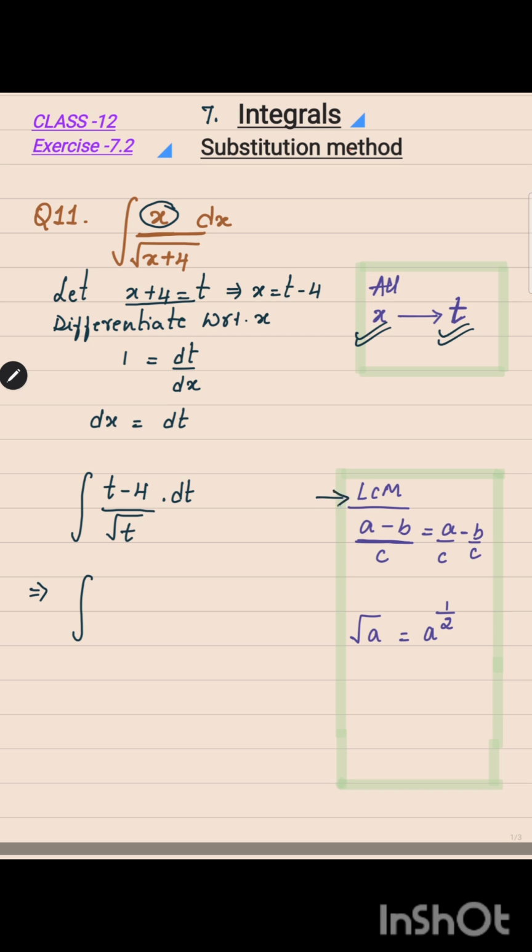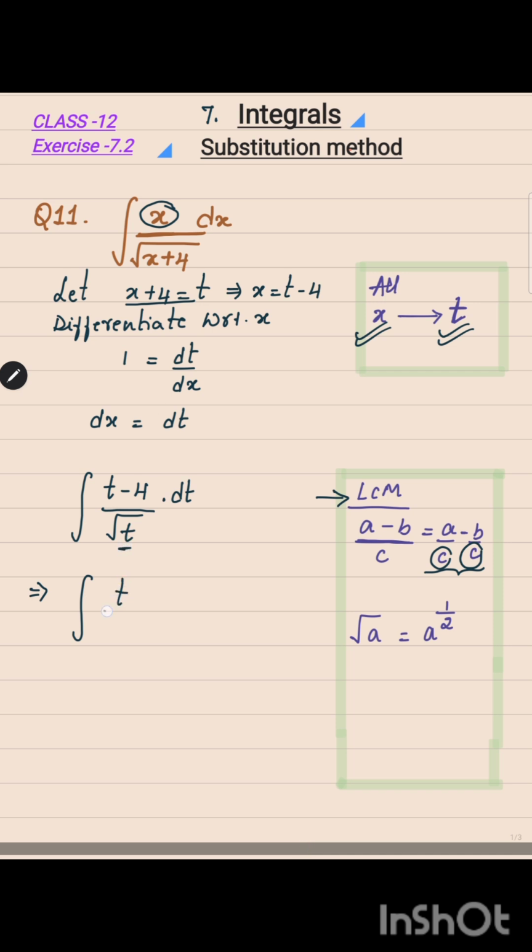This is in the form of a minus b by c. So when we have a minus b by c, we can write it as a by c minus b by c. We have the same denominator, right? This is how we subtract two fractions with the same denominator. So here the LCM is square root of t.